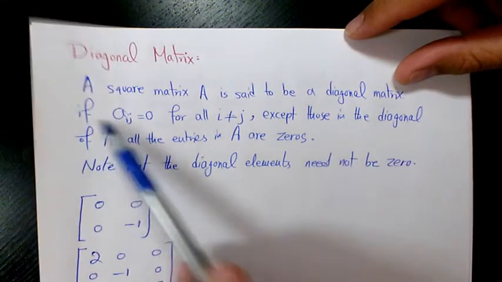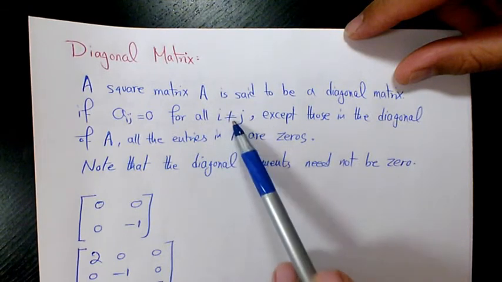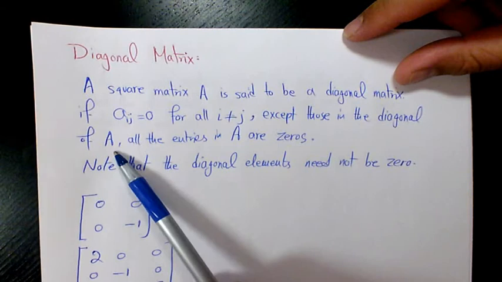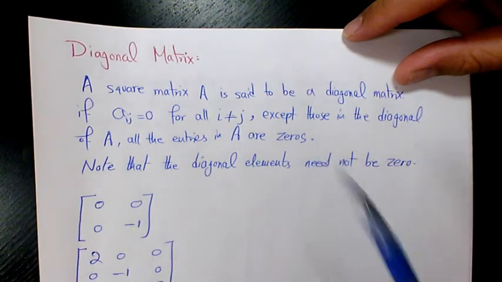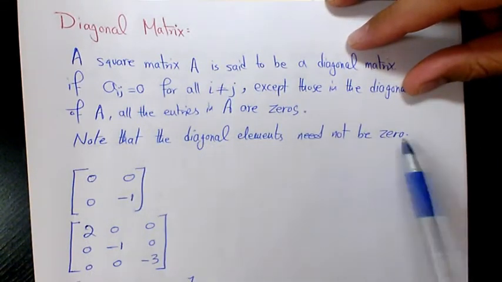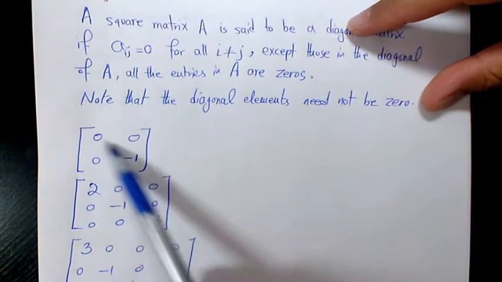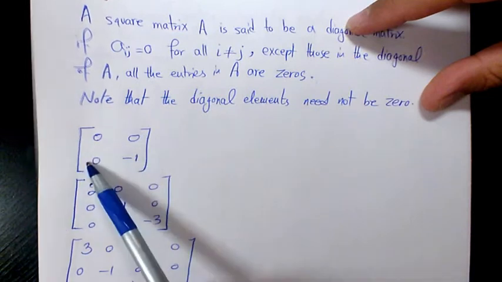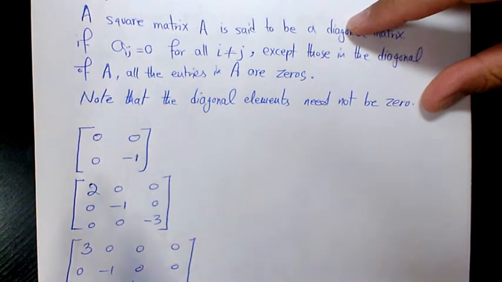It means that if aij equals 0 for all i not equal to j, except those in the diagonal of A, all the entries in A are zeros. And the diagonal elements need not be 0. For example, in here, this is the diagonal of a matrix. However, the other two elements are 0. Doesn't matter what numbers we have here.